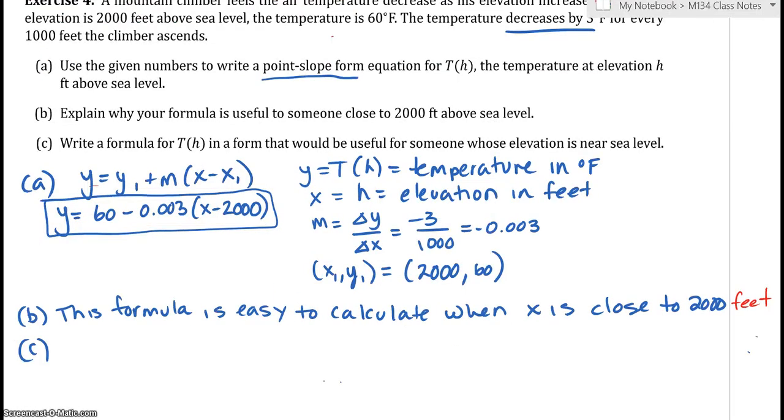Part C. Write a formula for T of H in the form that would be useful for someone whose elevation is near sea level. Well, sea level is when H is 0. And H at 0 would be the initial amount, the initial temperature, or the y-intercept.